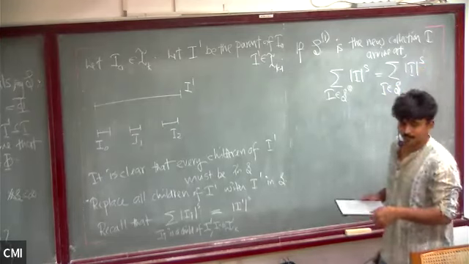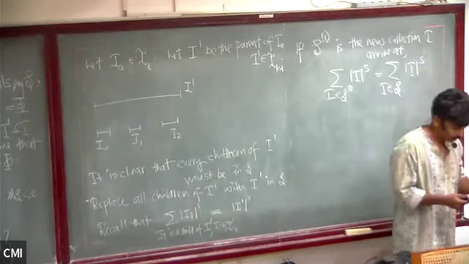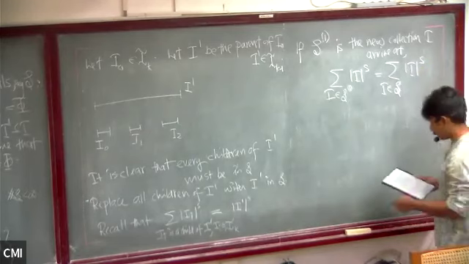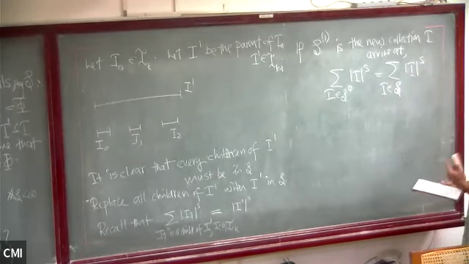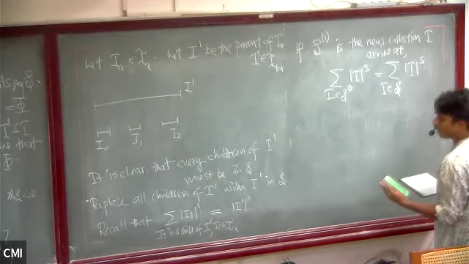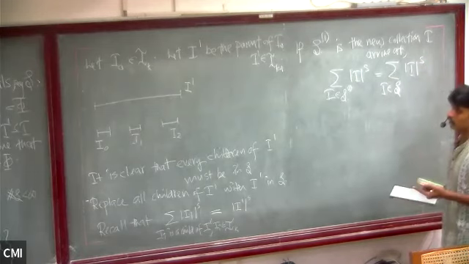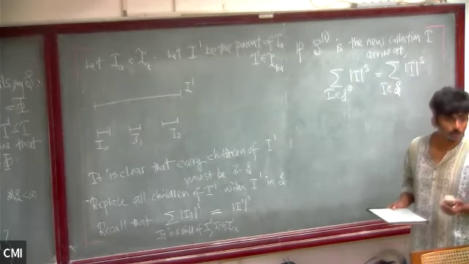And again, I keep doing this business, and each time I modify the collection so that it contains net intervals of larger and larger length, right? And finally, I'm going to reach the unit interval 0, comma 1.